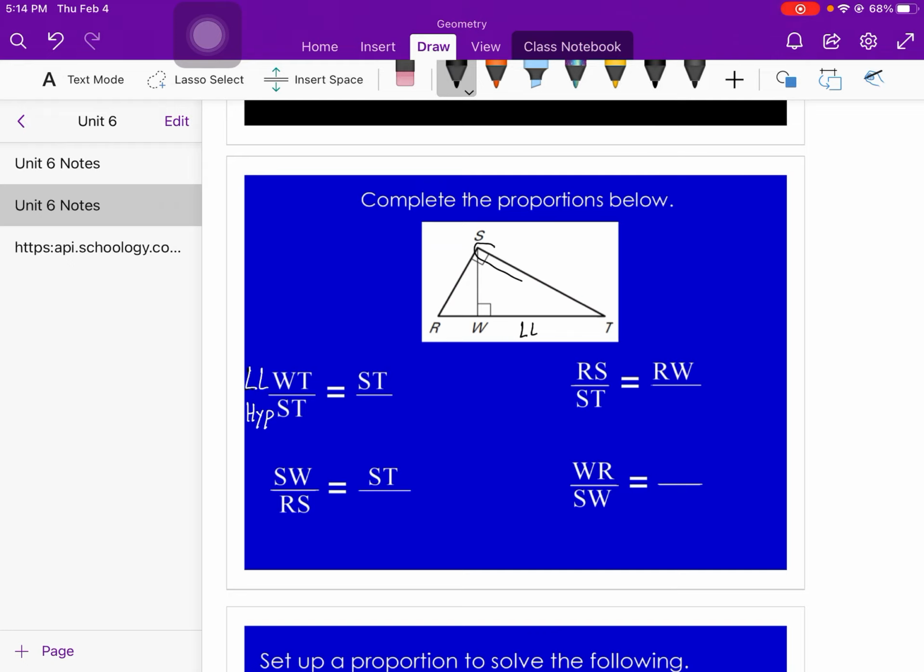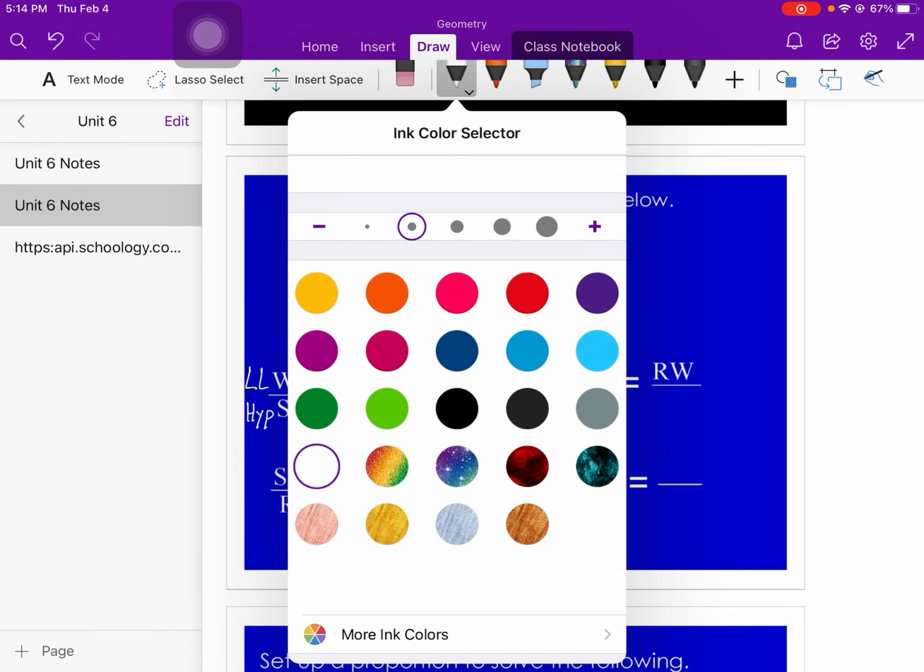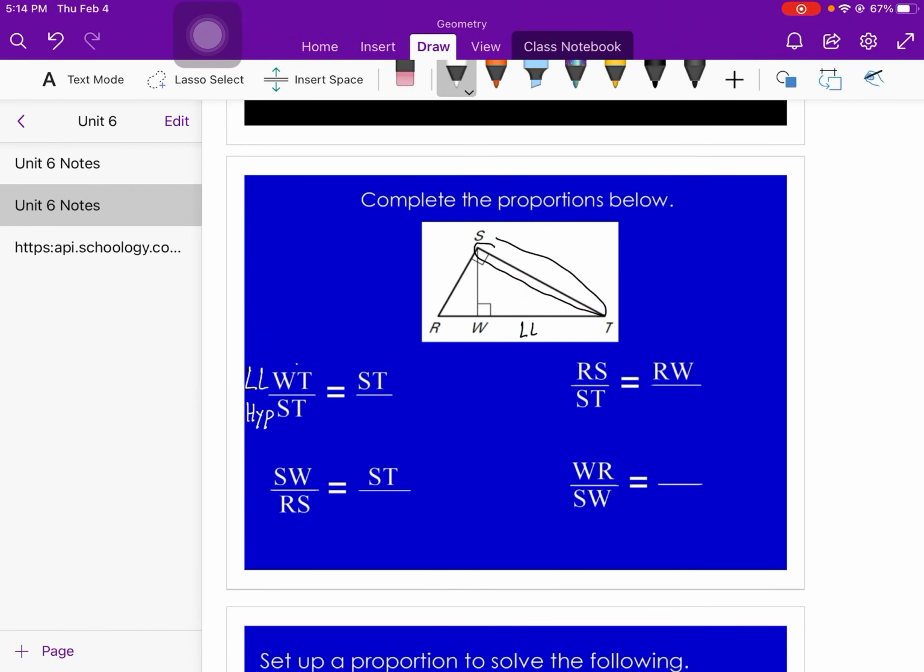So for the big triangle, it is actually the long leg, which makes sense. So these are both long legs. We need to find the hypotenuse of ST of the big triangle, which is actually RT. Now if we do that same thing over here, we have RS. RS is compared with RW.